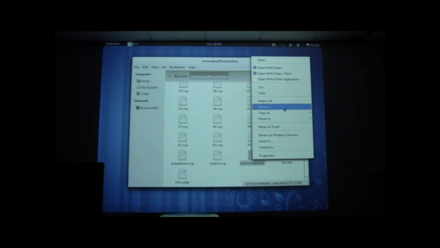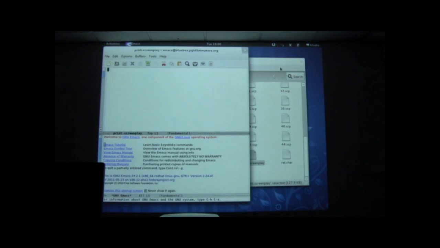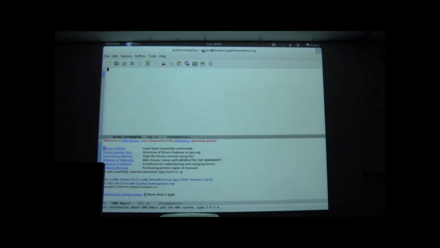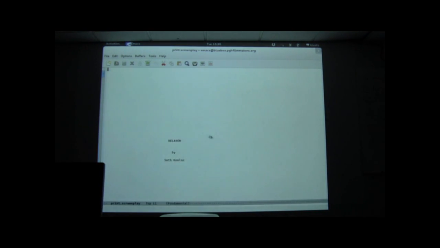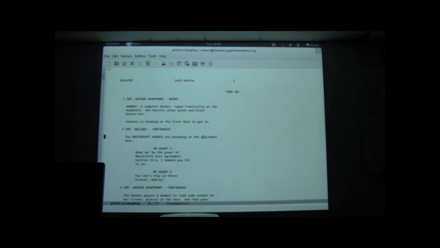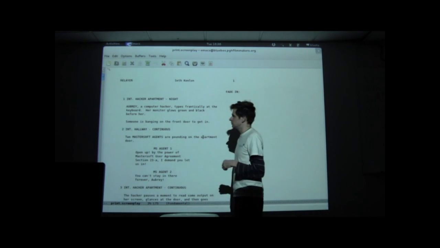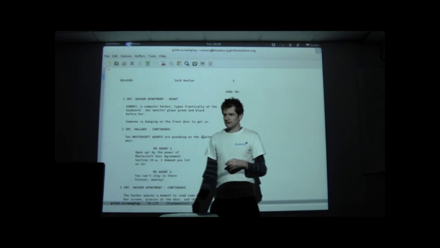And we can take a look at an example. So there are a couple of things about screenplay formatting that you'll notice pretty much right off the bat.